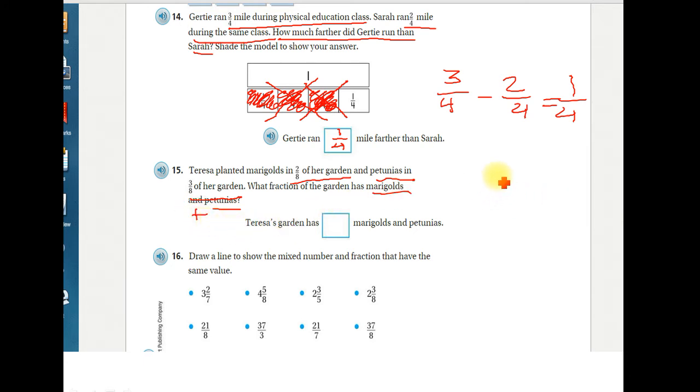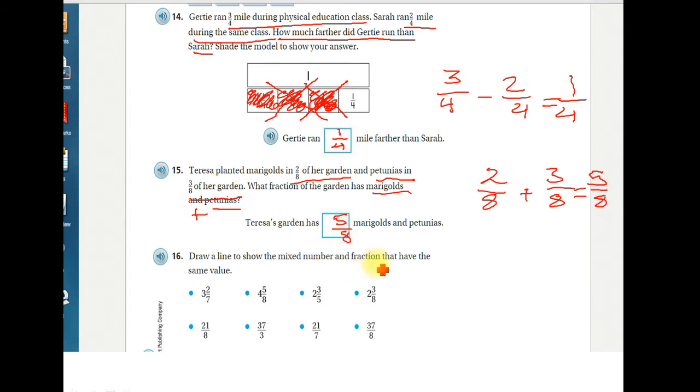So again, we're taking 2/8, that represents the marigolds, plus, because we have the word and, the amount of petunias, 3/8, and we're just simply adding. The denominators are the same, so we keep them the same. 2 plus 3 is 5. So we have 5/8. Okay?